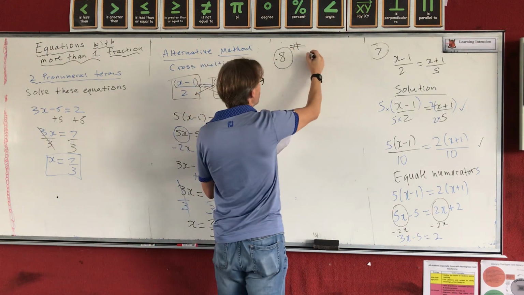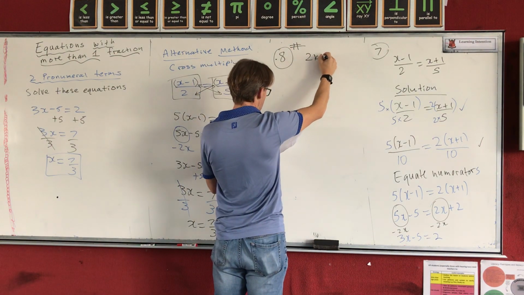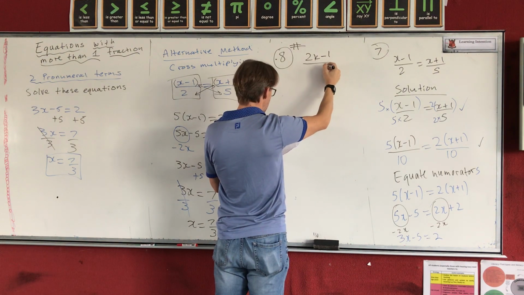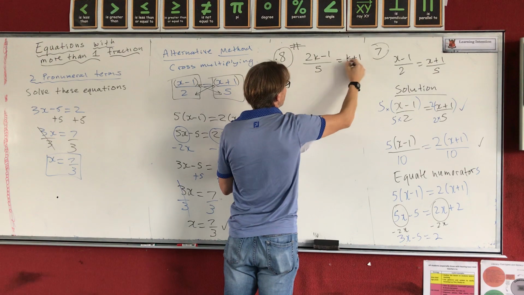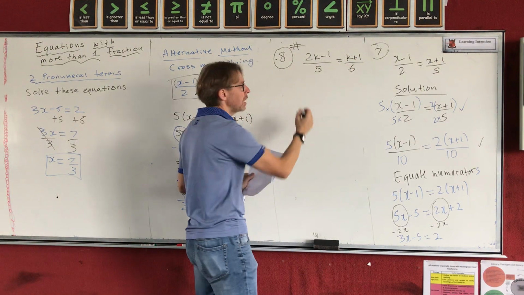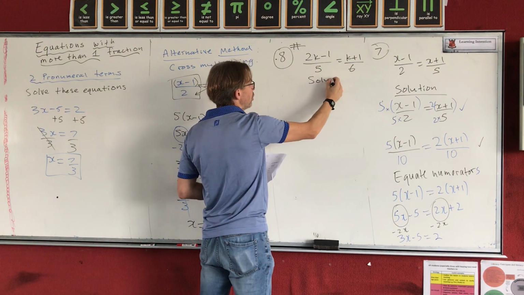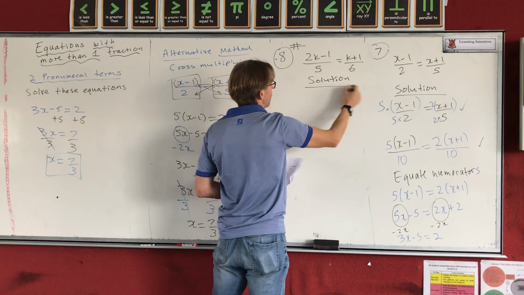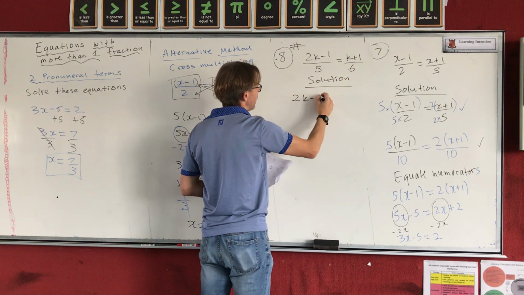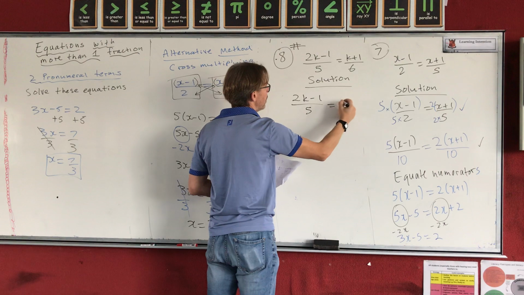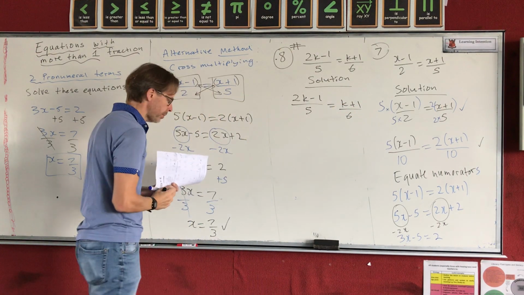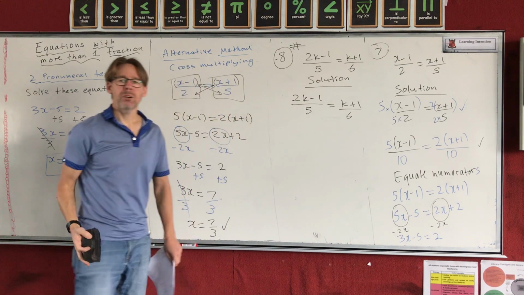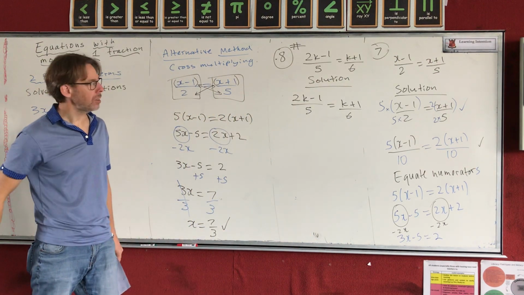Okay, so it's 2k minus 1 over 5 equals k plus 1 over 6. Now again for this one, write down the word solution and then write the question out again so you don't draw on top of the question. Rightio, so have a go at that one, see what you think.